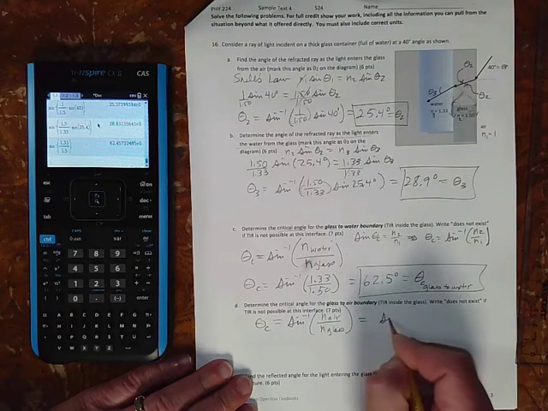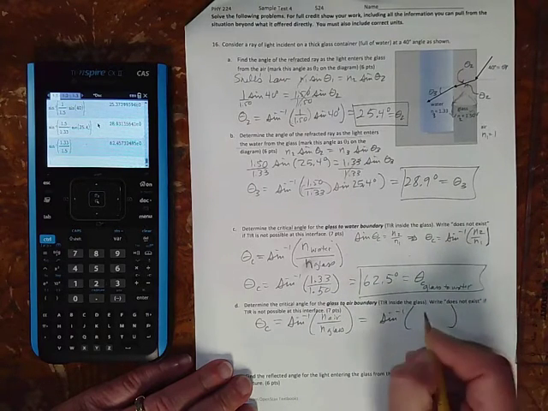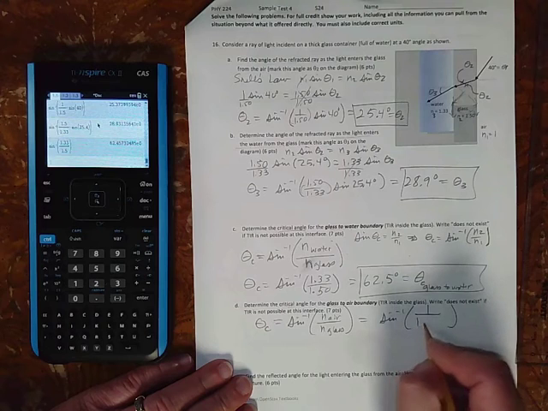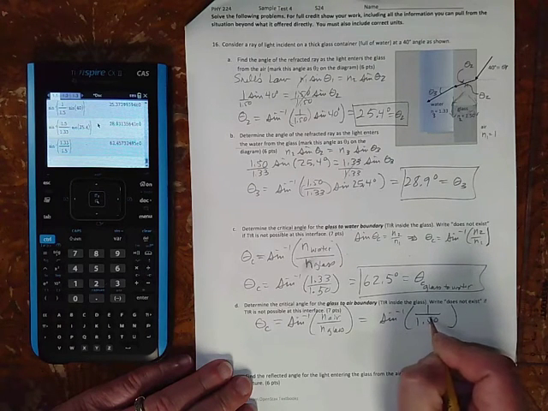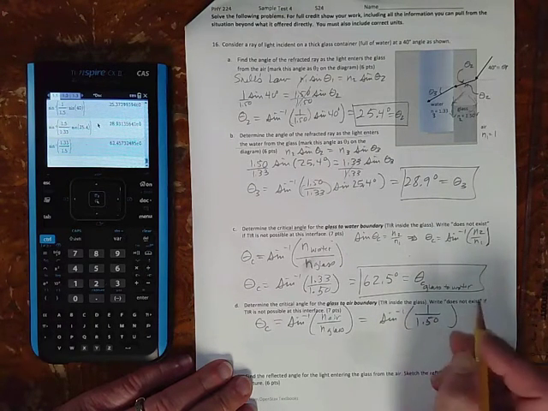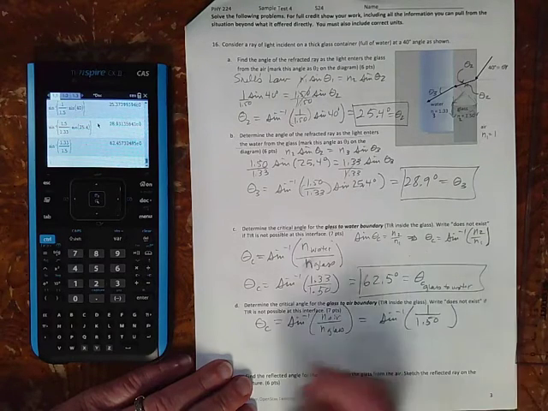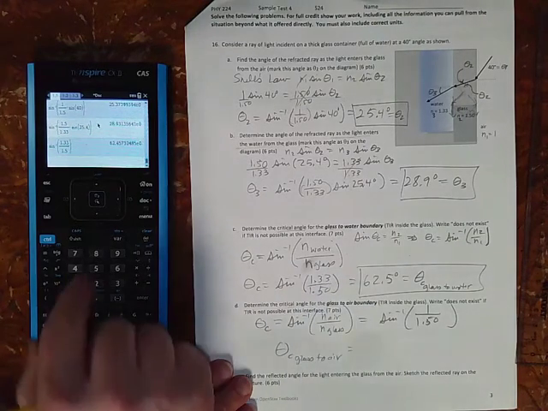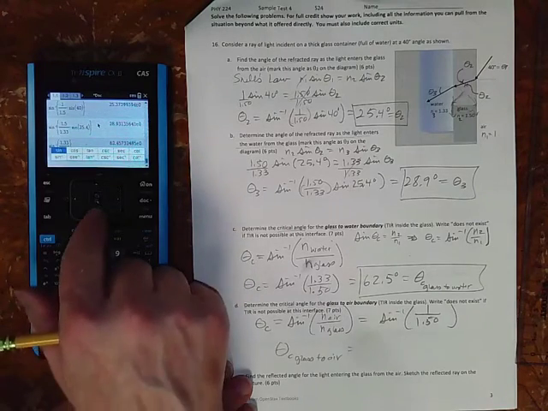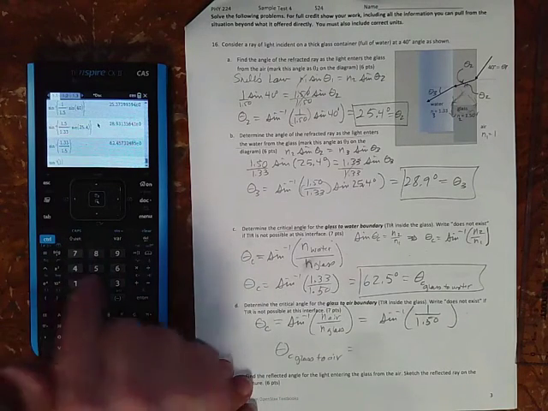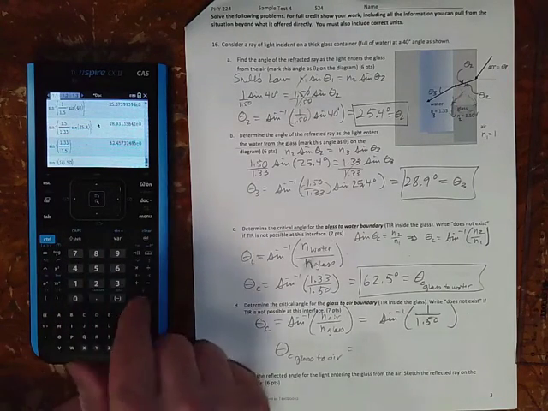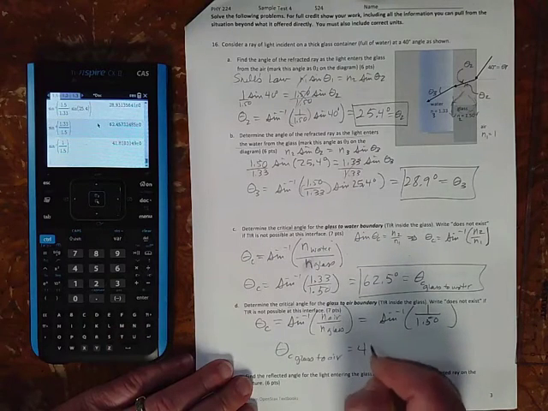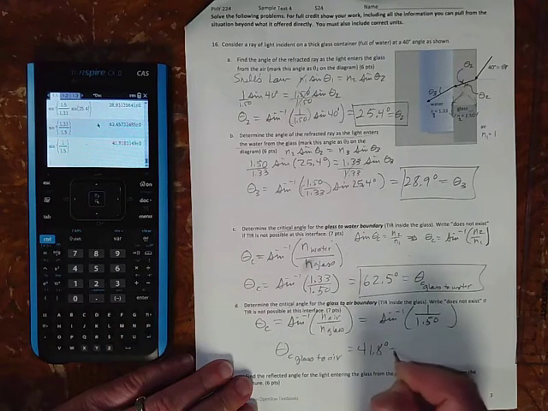All right, so inverse sine of, and air was 1 and glass is 1.5. So again, we're good because the top of the fraction is smaller than the bottom. So theta critical glass to air is inverse sine of 1 divided by 1.5, 41.8 degrees.